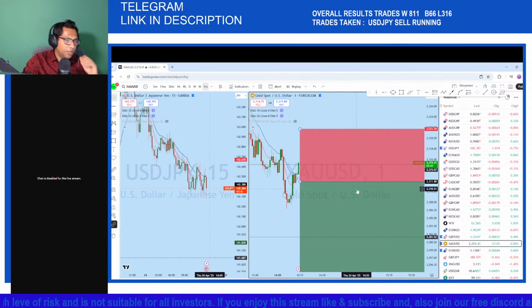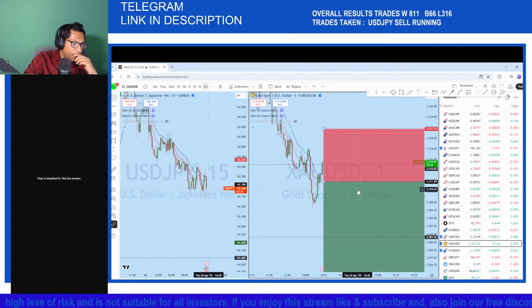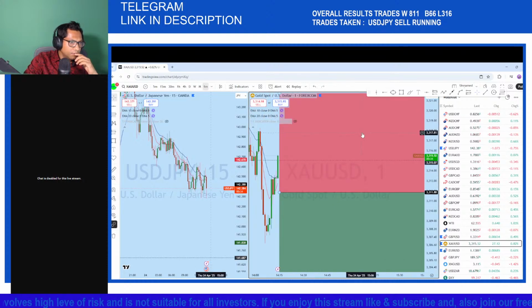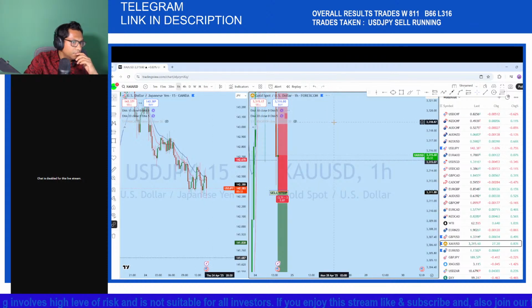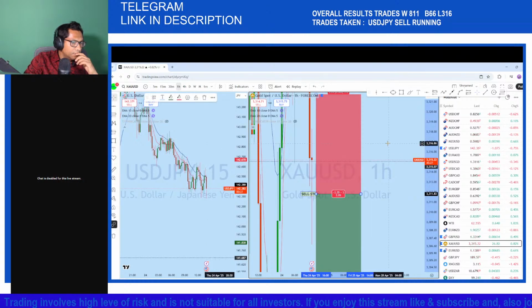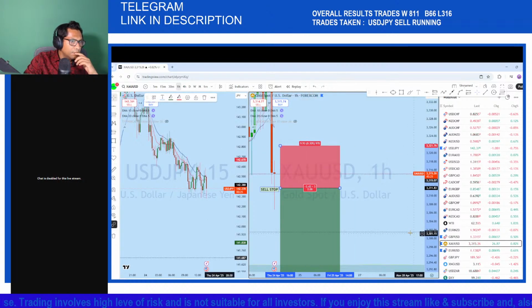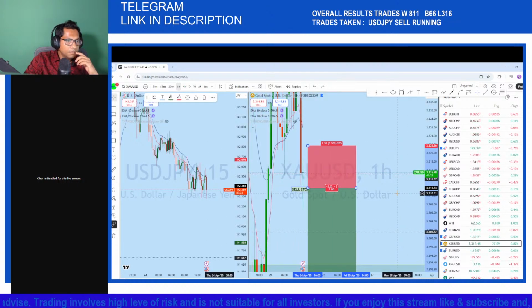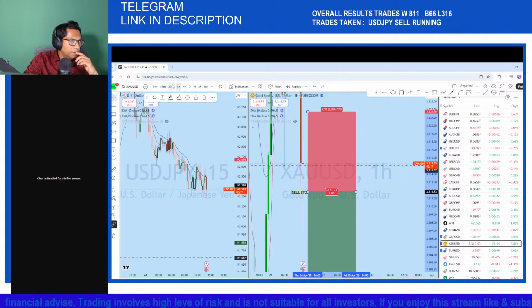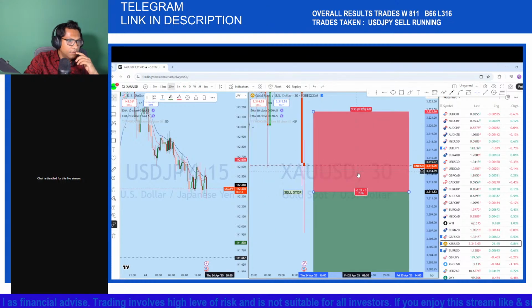So here with a long wick doji, it's the 1 hour, and 30 minutes.